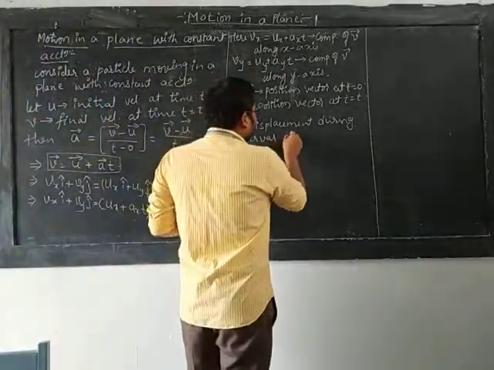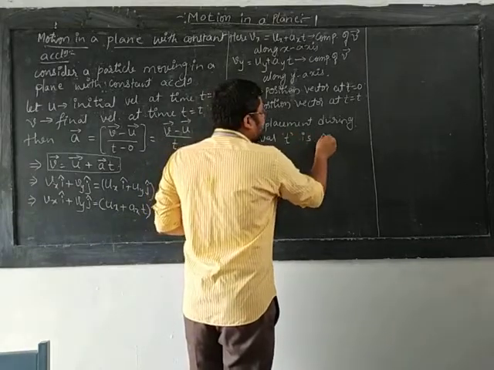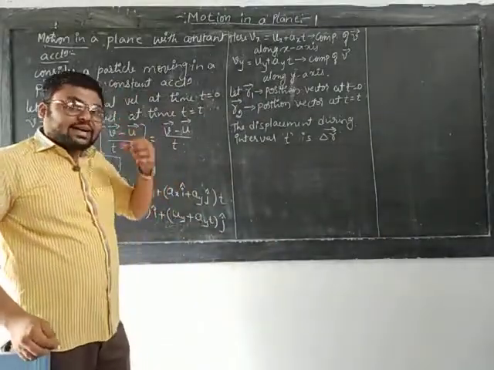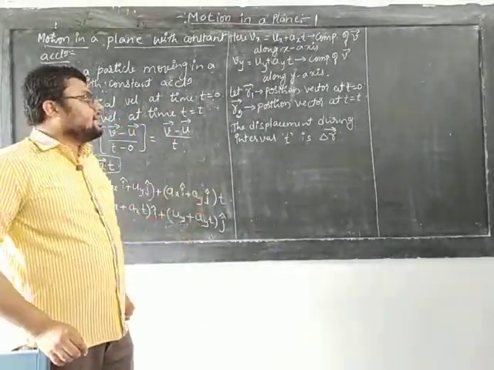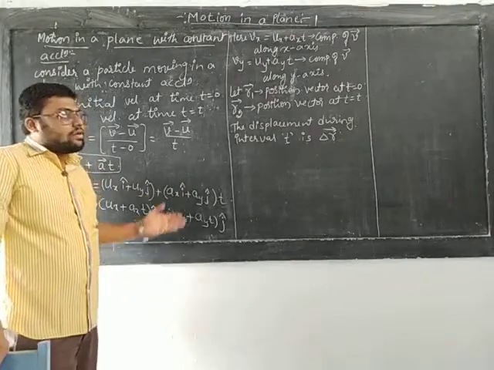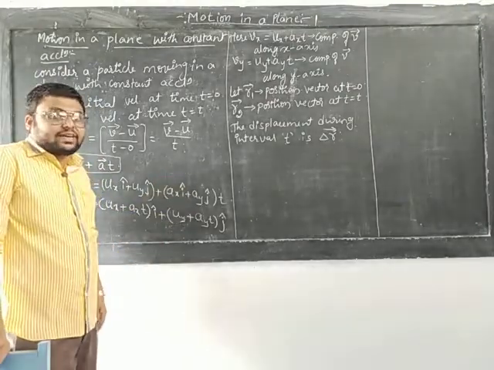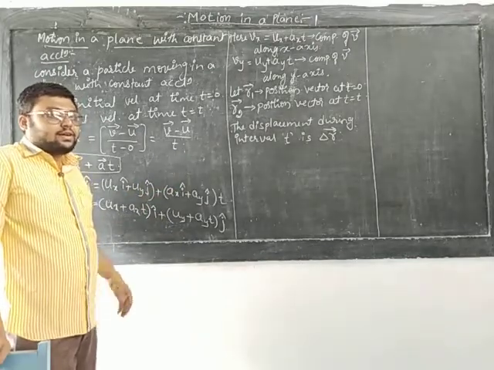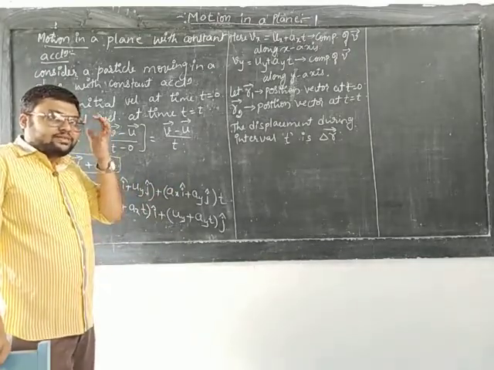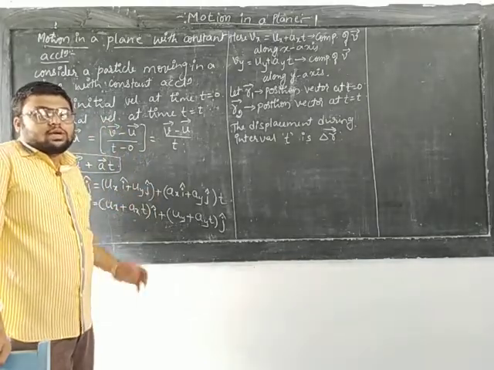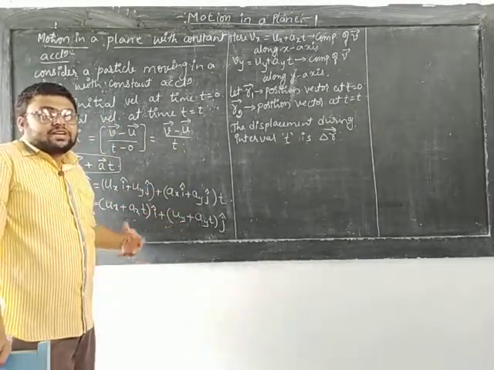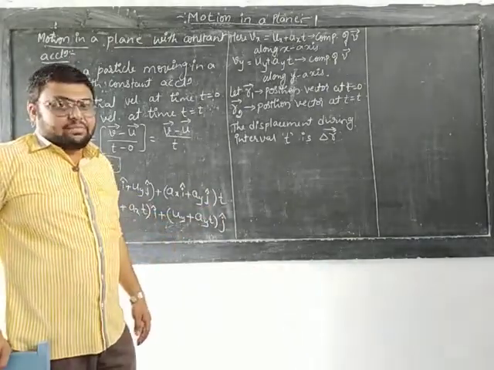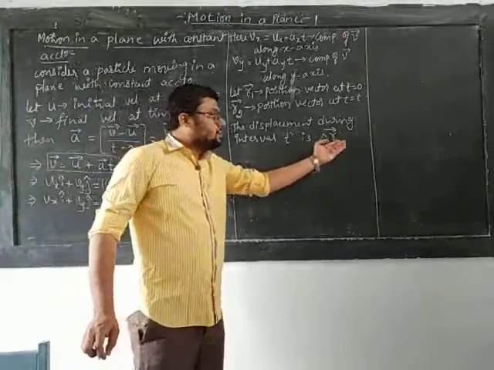So during the interval t, we consider delta r. Delta r is the displacement, or we can consider it as a displacement vector during the interval t. As we have studied in previous derivations, the displacement vector will be equal to r2 minus r1, the difference between the position vectors of the final and initial time. So that is the displacement vector.